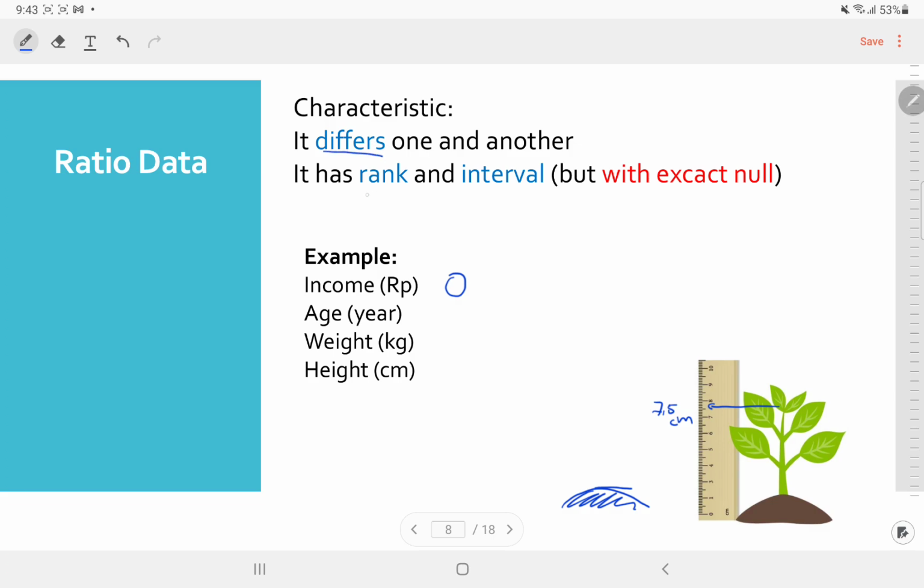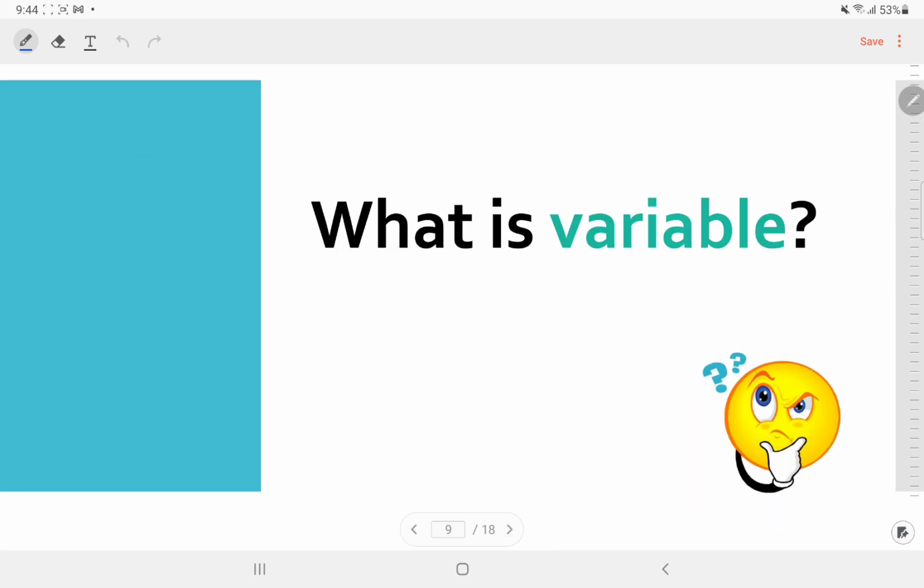Okay, so we just take a look at this one. It's very easy to remember that, and it also has the exact null or the real 0. Okay, the 0 in income, the 0 in age, the 0 in weight, the 0 in height must be the same 0. And this is ratio data.